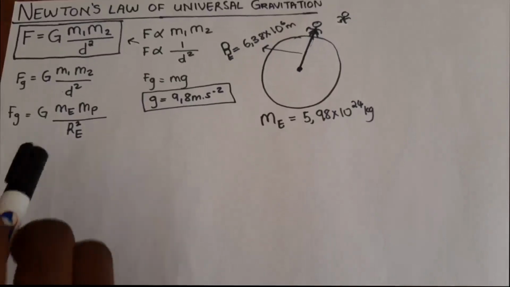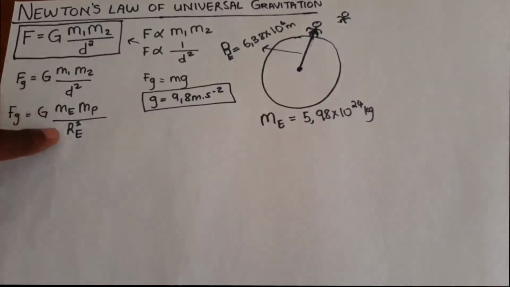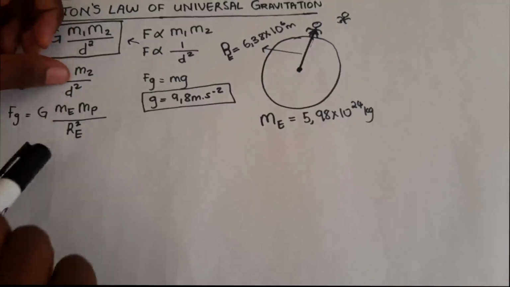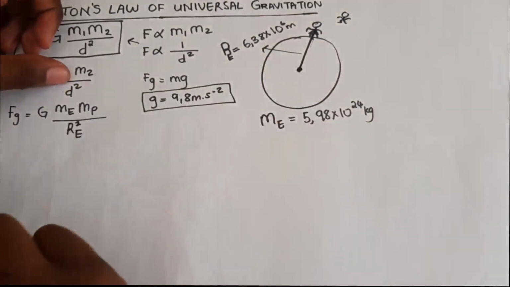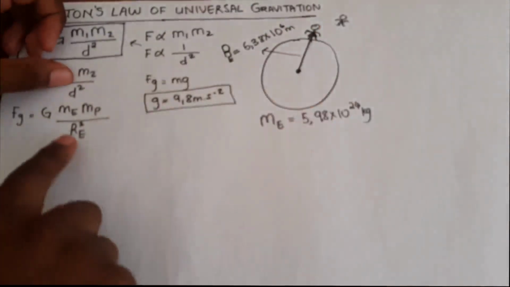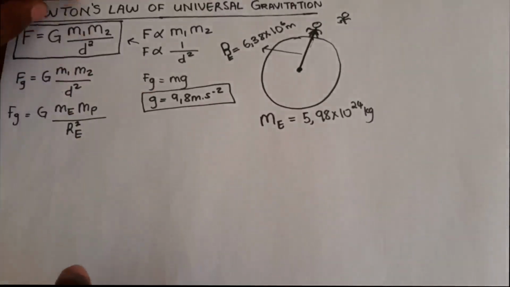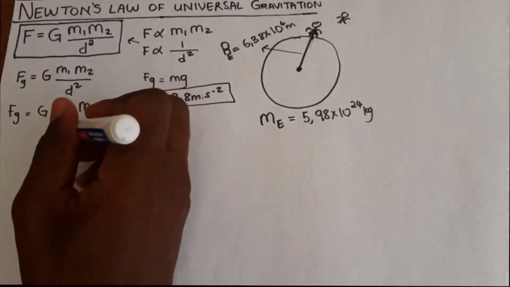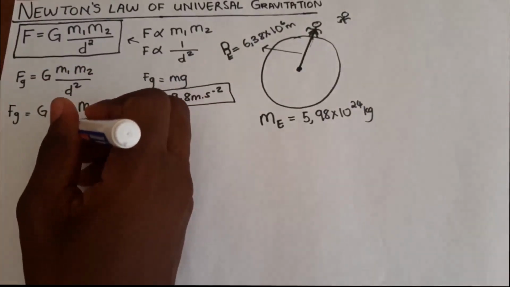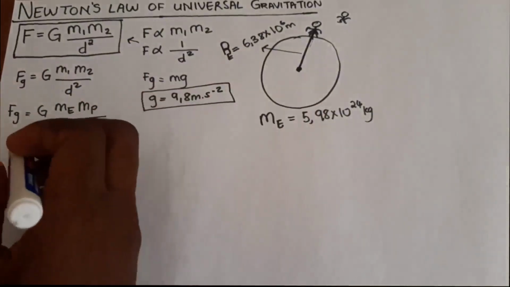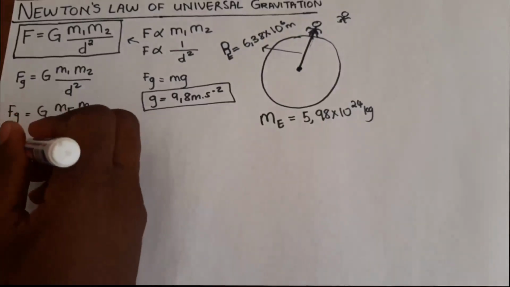Mind you that this d is the same thing as R. This is the distance from the center of the earth, because the earth is round, so it becomes the radius. You can also write d squared, but let's just say R. So this is equal to what?